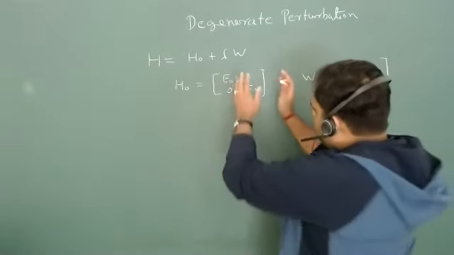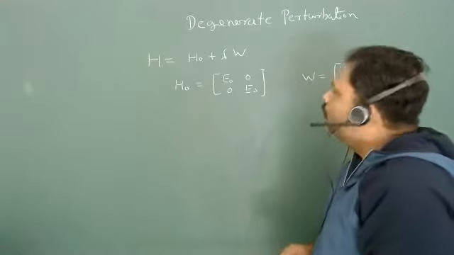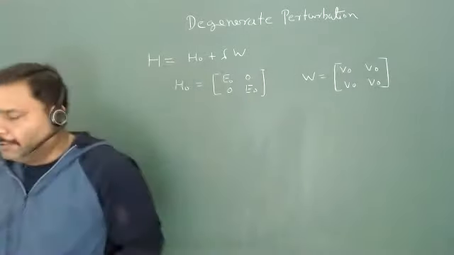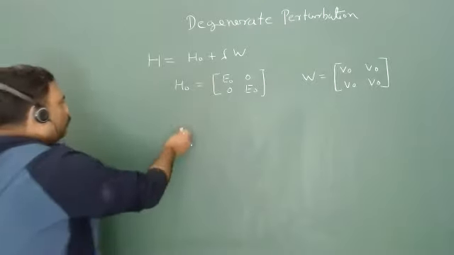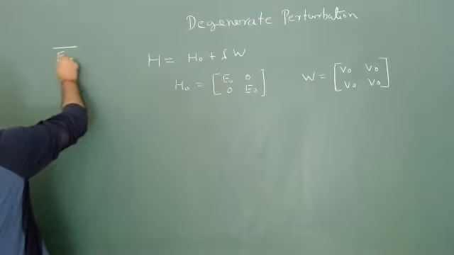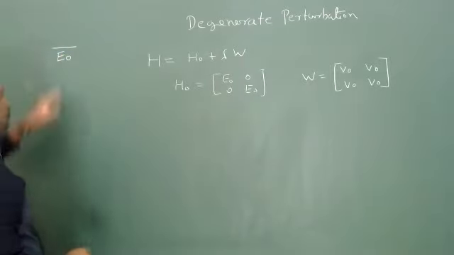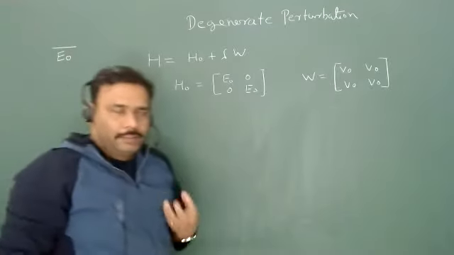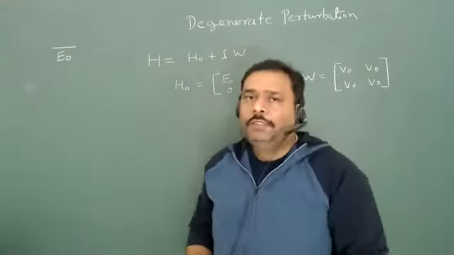This comes from a 2 cross 2 space, but the energy eigenvalue is doubly degenerate. So before the perturbation, we have only one eigenvalue, that is E naught. Actually, this is E naught and E naught because it comes from a 2 cross 2 subspace.